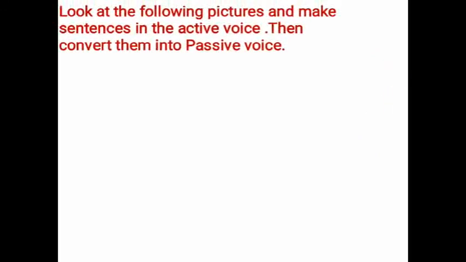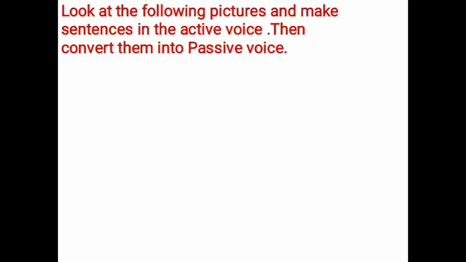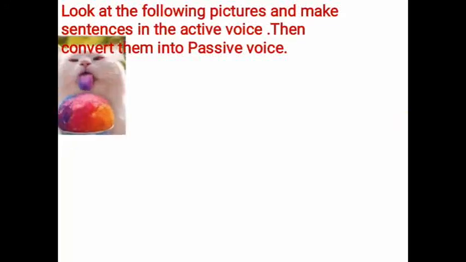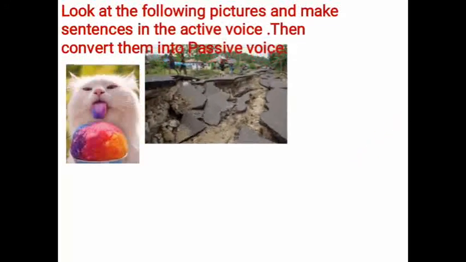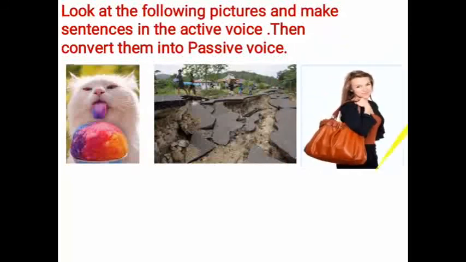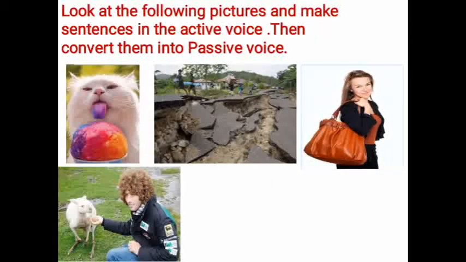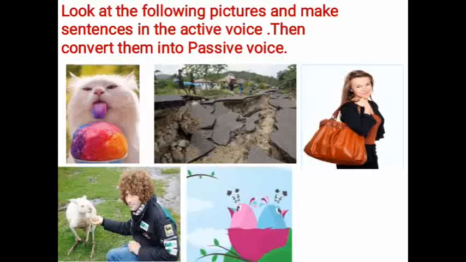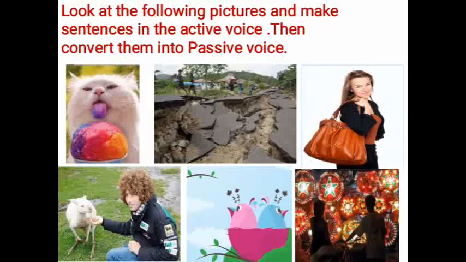So I hope you have clearly understood all the rules of assertive sentences, with the changes in the tense forms and pronoun changes and the construction of active and passive voice. Following all these rules, look at these pictures and first make the sentences in active voice using the construction of active voice, then change all those sentences into passive voice following the rules of construction of passive voice.